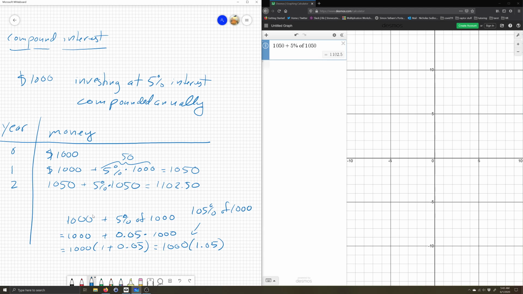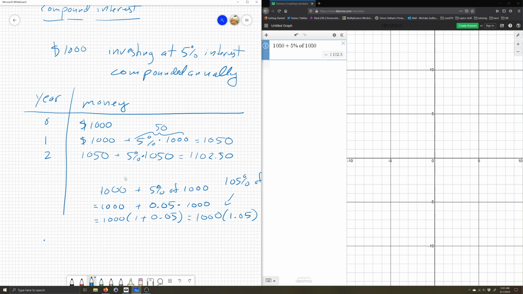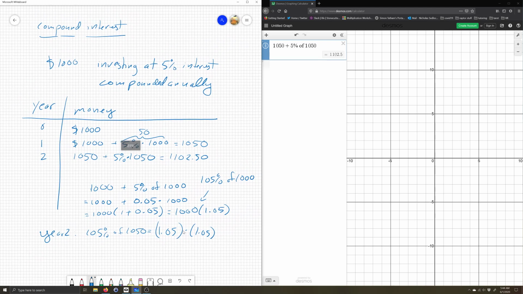So then it stands to reason that in year two, you get 105% of 1,050, which is going to be 1.05 times 1.05 times 1,000, which is going to be 1,000 times 1.05 squared.